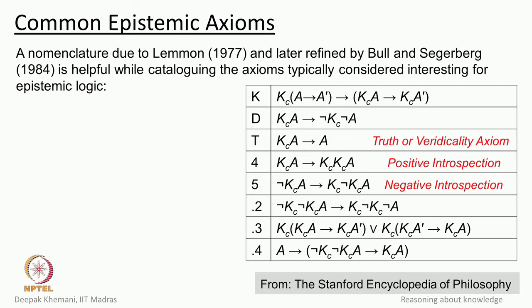These I have taken from the Stanford Encyclopedia of Philosophy. The first knowledge axiom is the most common, which is basically the knowledge axiom.